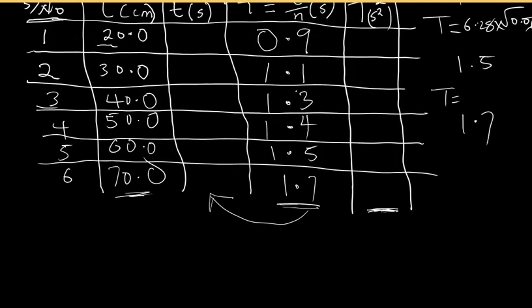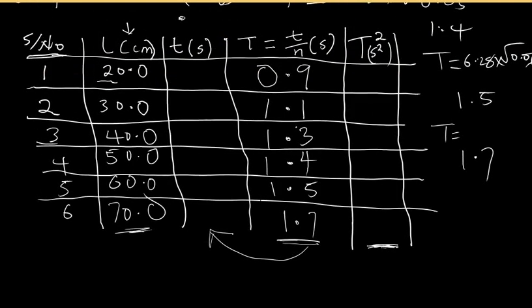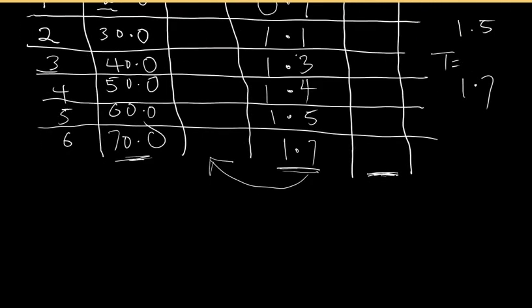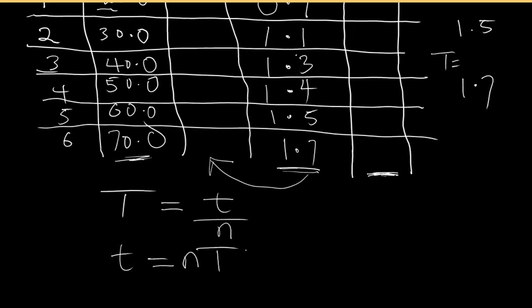All right, so now for me to fill my time column, I will apply the formula. Period is equal to time divided by the number of oscillations. So time is equal to the number of oscillations multiplied by the period.